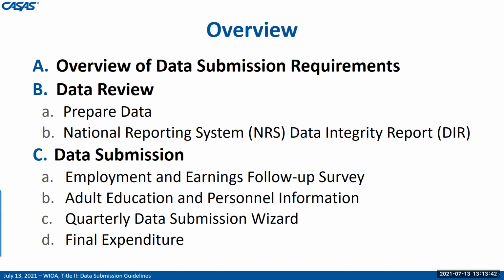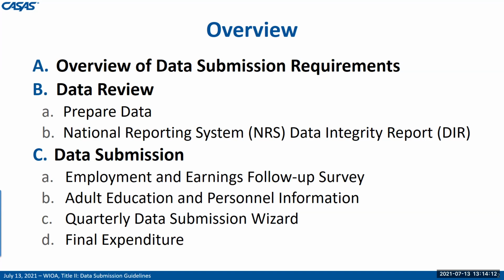All right, so this is what we're going to see. We're going to do a quick overview of the data submission requirements as to what to enter or what to review, which would include to prepare the data for the entire program year. As you know, we quarterly send our data to the NRS, the National Reporting System, and they are required for us to submit the data integrity report.